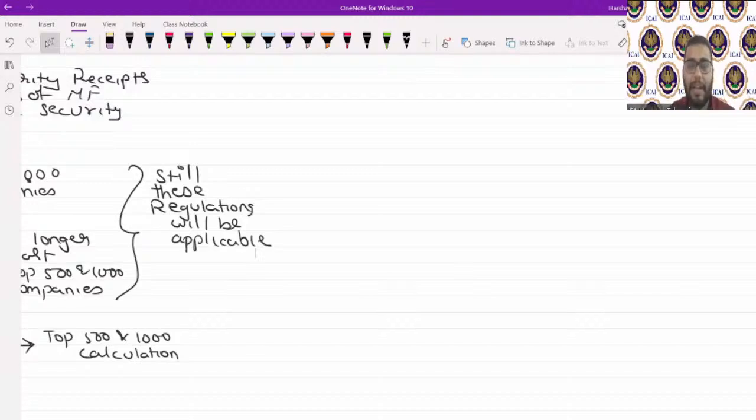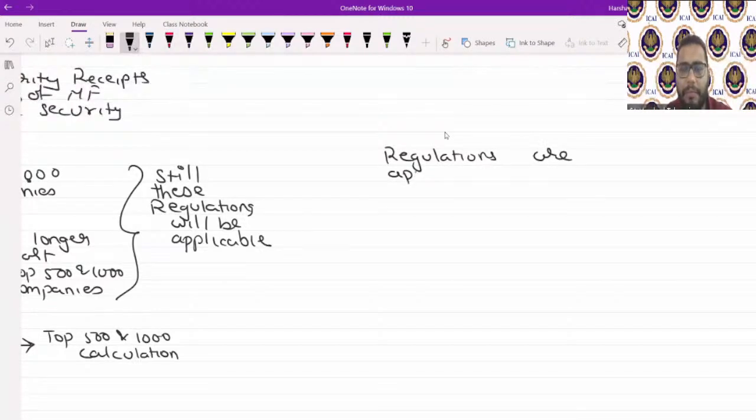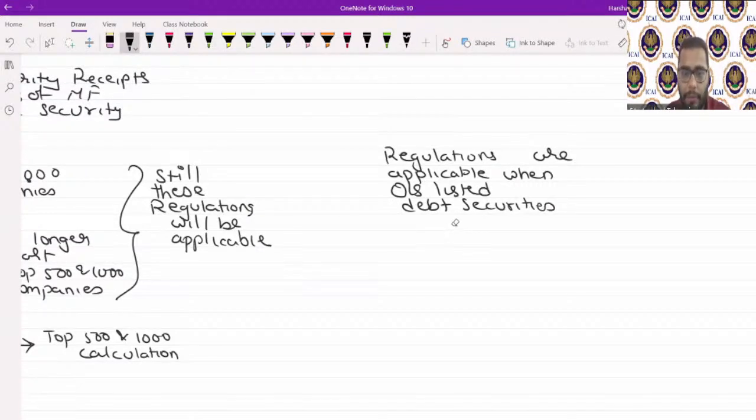So these conditions are applied when regulations are applicable when outstanding listed debt securities are greater than rupees 500 crores.